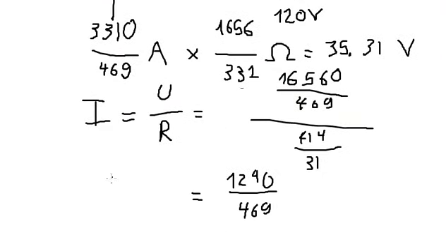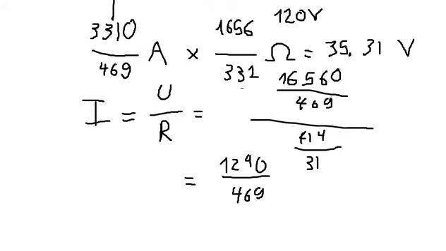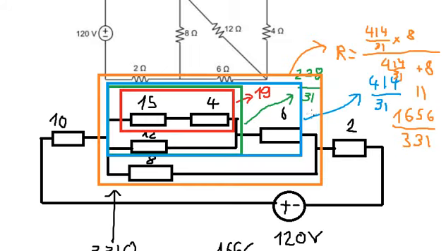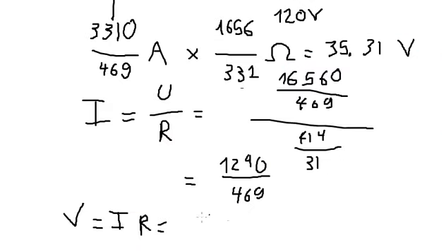That should be V equal to I multiplied by R. R in this situation is the green one, and that is 228 over 31, multiplied with I, the number we just found in here.